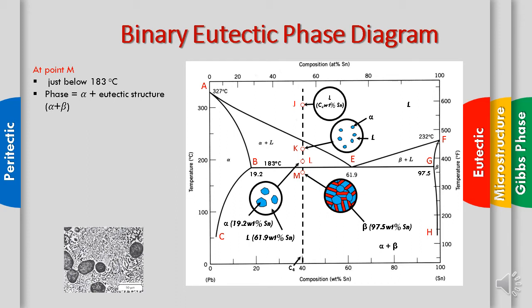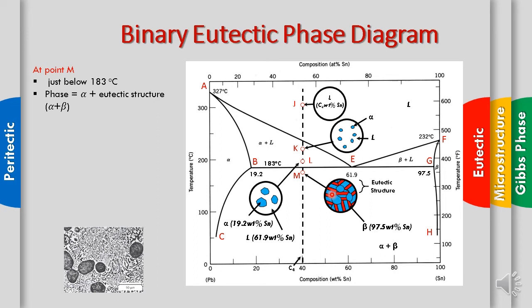Here we call it the eutectic structure. We can draw the schematic diagram something like this, and the red and blue lines are what we call the eutectic structure, with stripes.